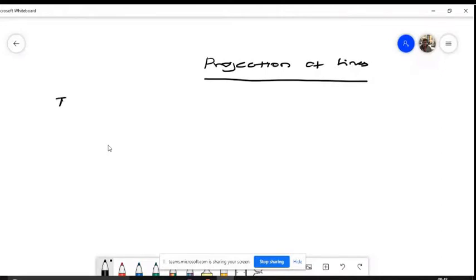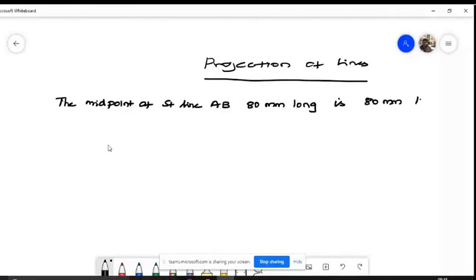The midpoint of a straight line is maybe 80 mm long, 80 mm in front of VP and 50 mm above HP.